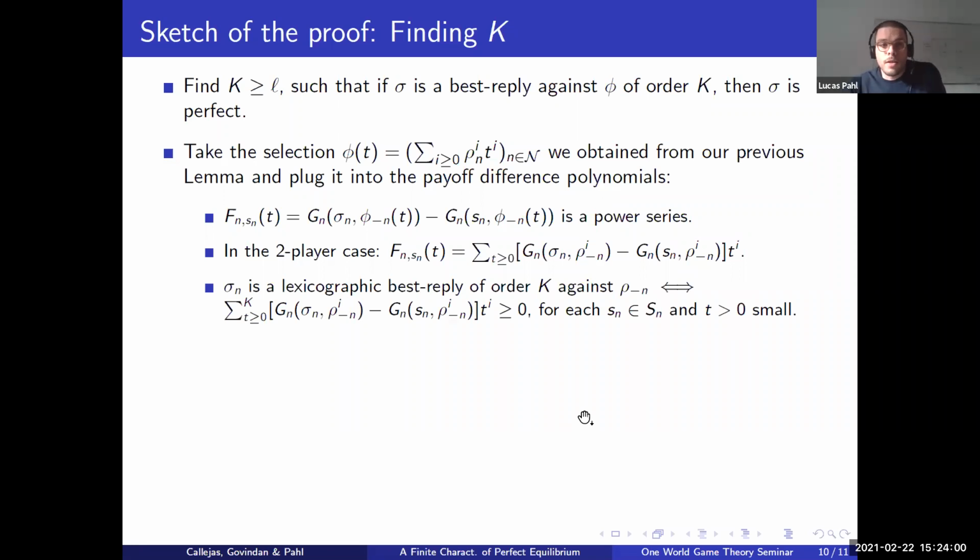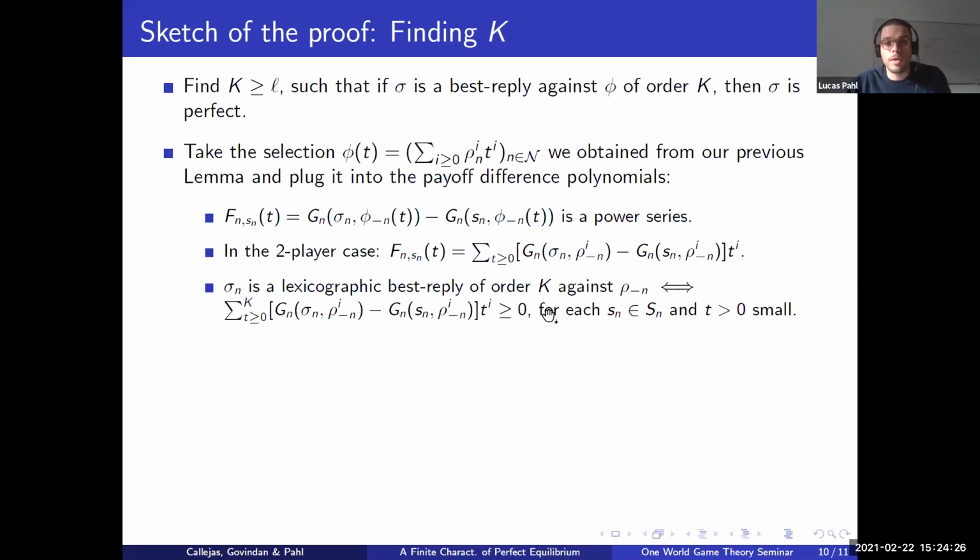So we obtain a certain characterization for the condition of lexicographic best reply in terms of the polynomials that are obtained from truncating this power series, right? So this characterization reads: sigma is a lexicographic best reply of order k against whole minus n if and only if the truncated power series at the order k has a positive sign, essentially.